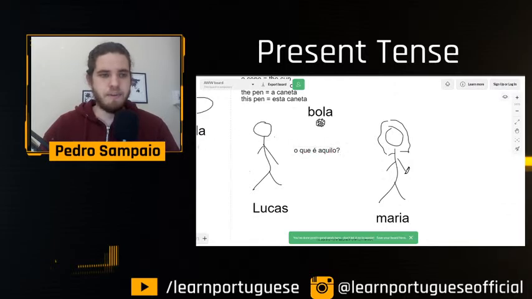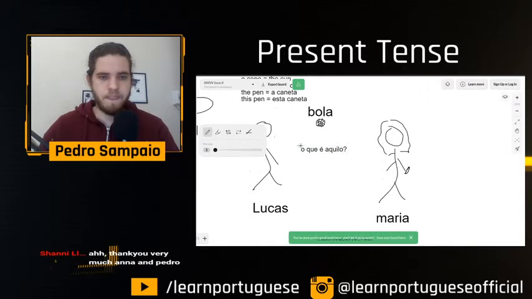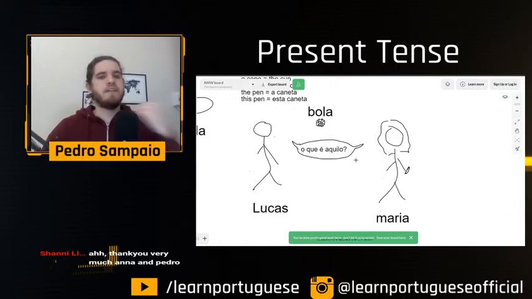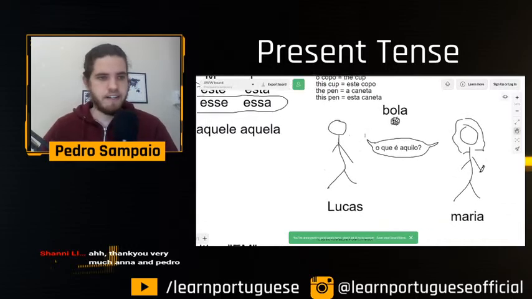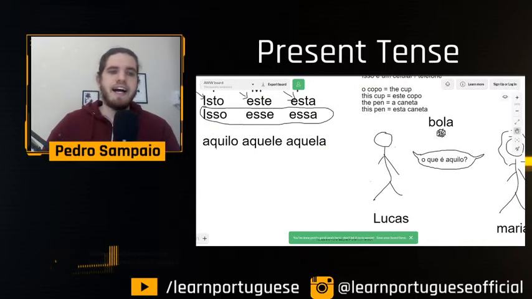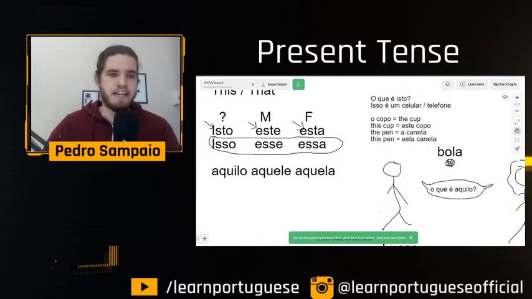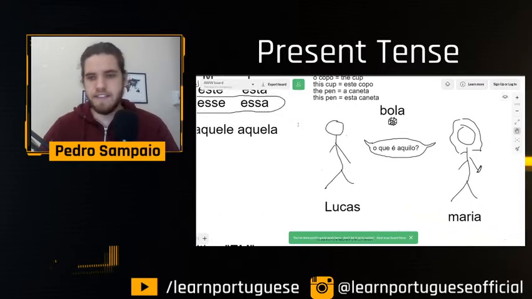It's the same for both of them. Let me just draw it here real quick. So, o que é aquilo comes from her, and it also comes from him, because it's far from both of them. So, right here, let me just go back to the left. Aquilo is that, and under the question mark for unidentified objects.